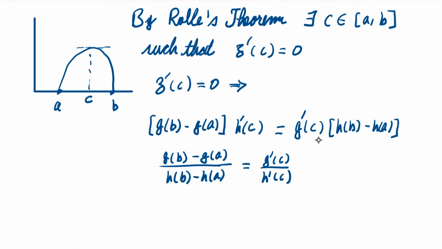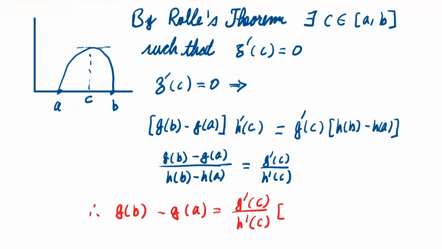So it's like just dividing that line by h of c. So what I have is g of b minus g of a is equal to g prime of c over h prime of c times h of b minus h of a is what I really need.